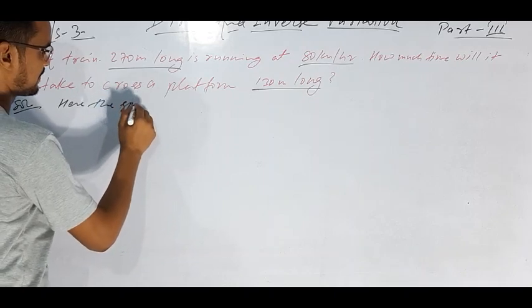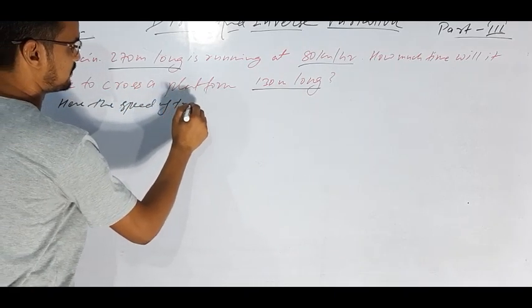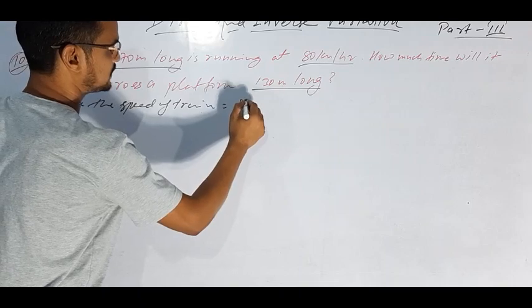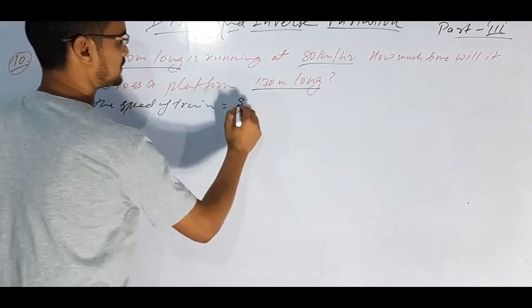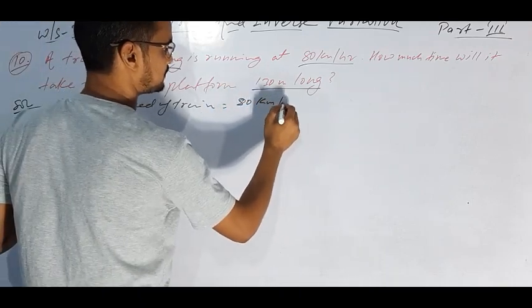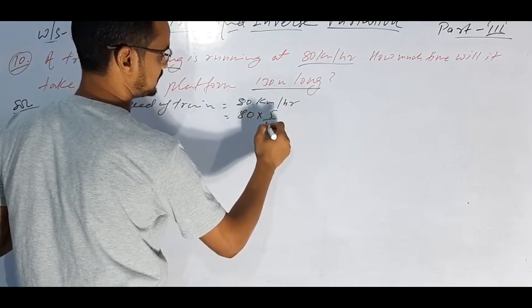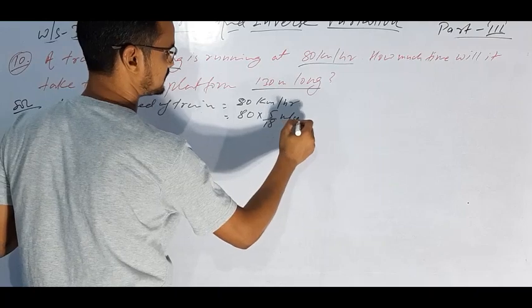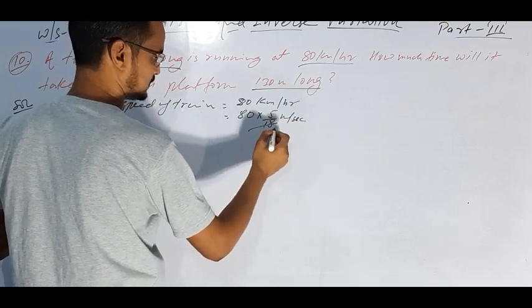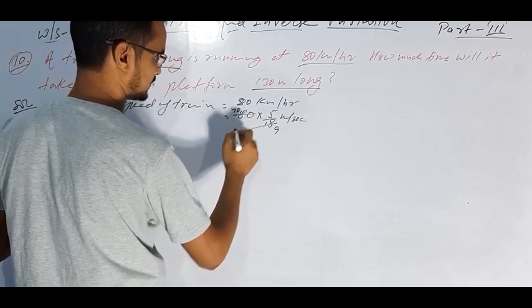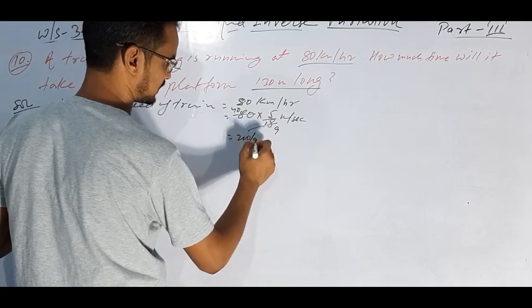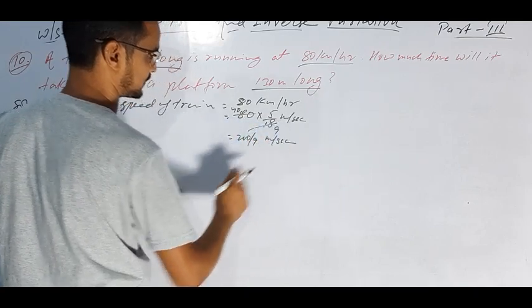Solution: here the speed of the train is equal to 80 kilometer per hour, then it is 80 into 5 by 18 meter per second. Cancelling by 2, 40 times 5 is 200 by 9 meter per second.